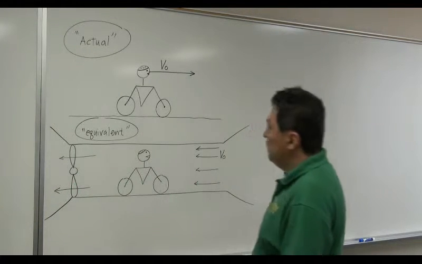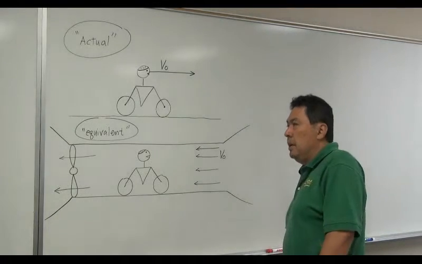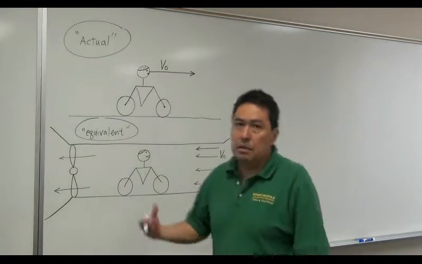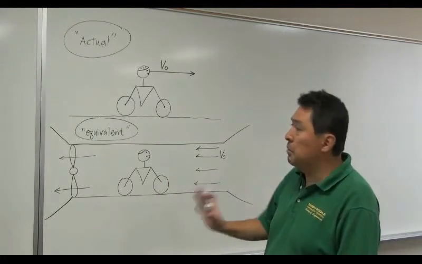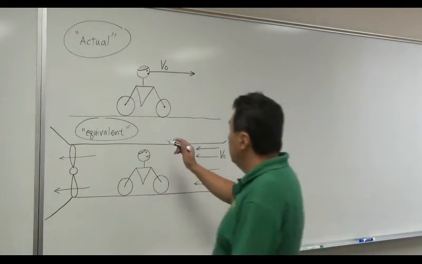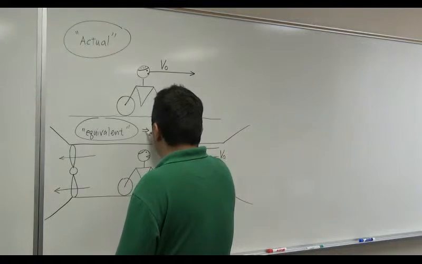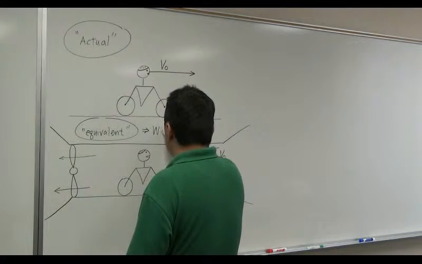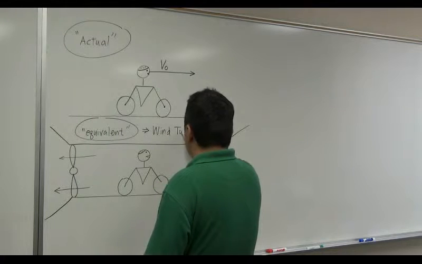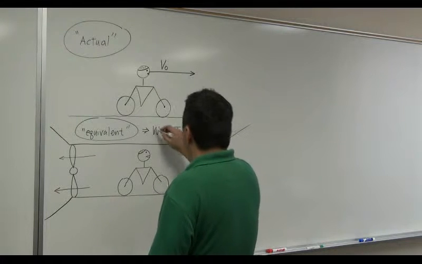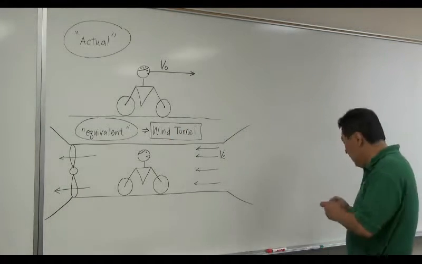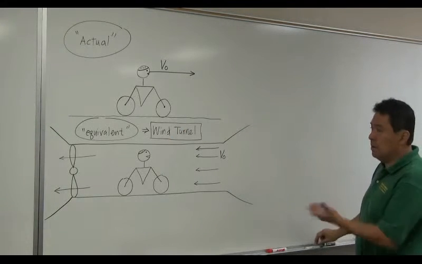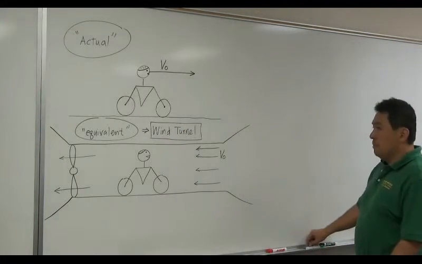What is the equivalent situation we always create in order to test flow around some kind of moving object or vehicle, typically airplanes? This is a wind tunnel, right? So this is a very good example problem to introduce you to the concept of wind tunnel testing.